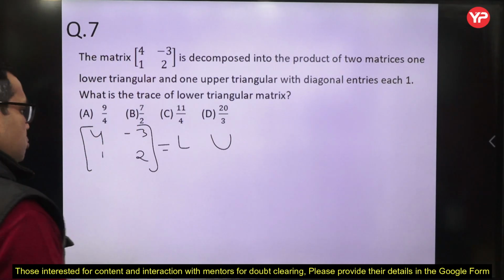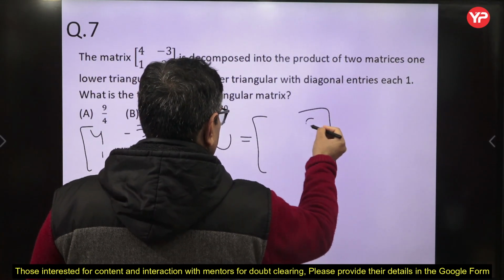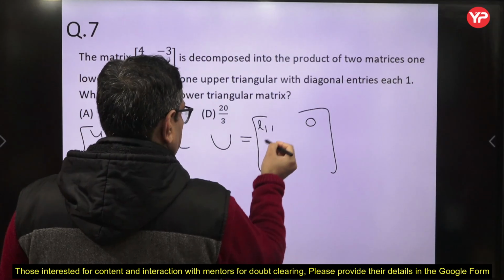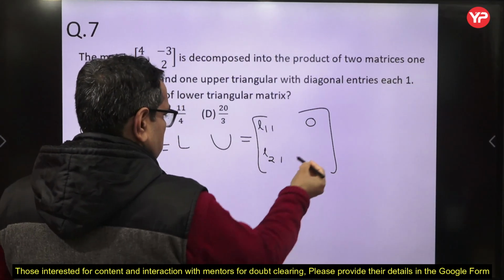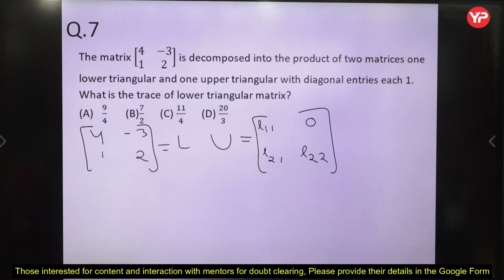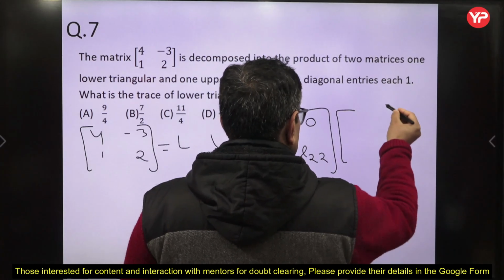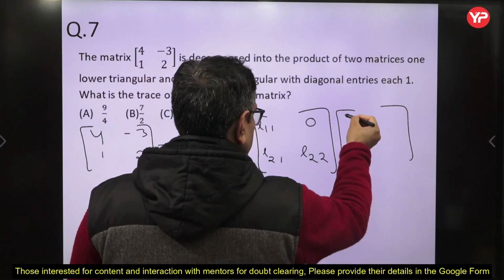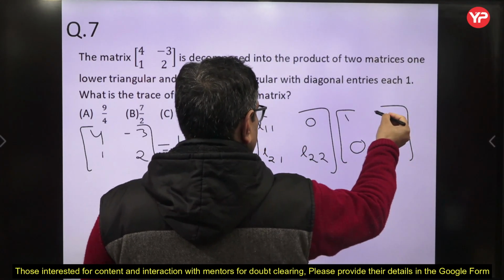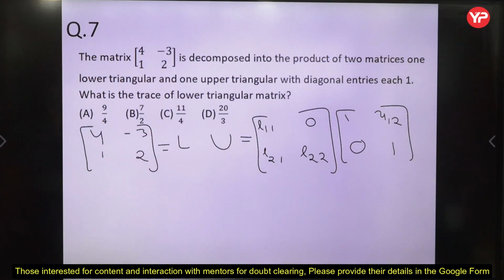So this is equal to, now in the lower triangular matrix we know that this entry is 0, so this is first row first column, second row first column, second row second column. So we can take a general lower triangular matrix in this form, and now we are taking the upper triangular matrix in which this element is 0 and these diagonal entries are 1, so it is U first row second column. So this decomposition we have to make, and then we have to compute the trace of the lower triangular matrix.